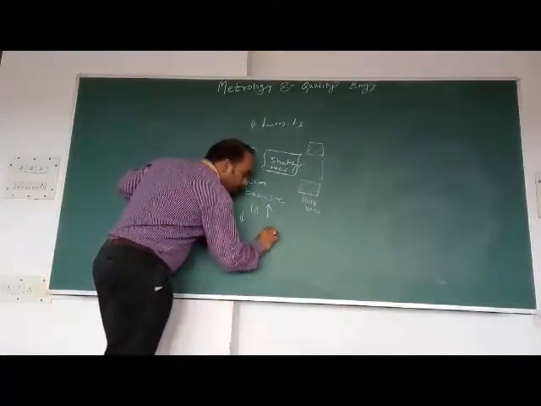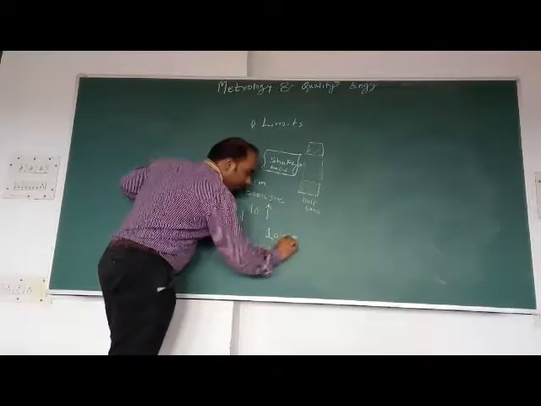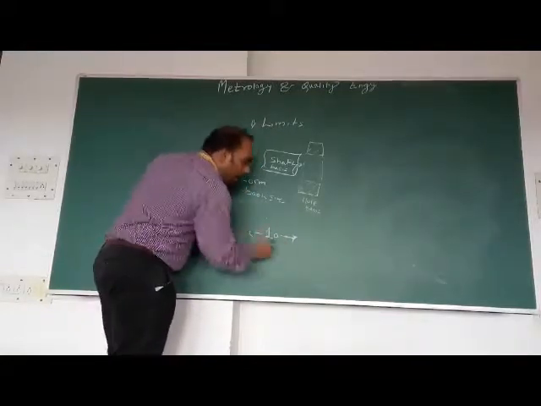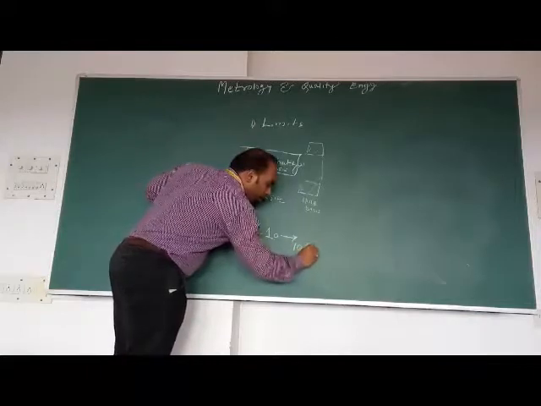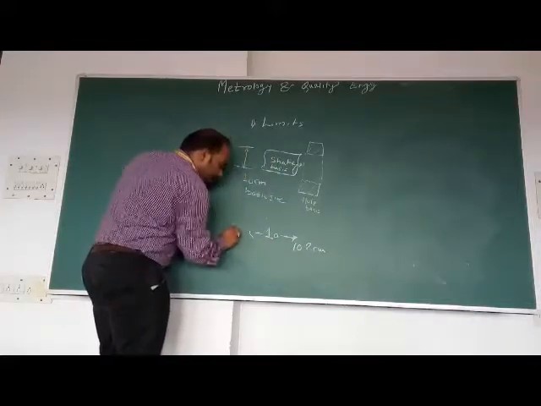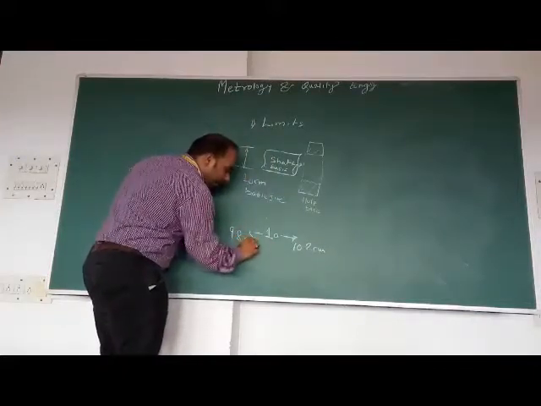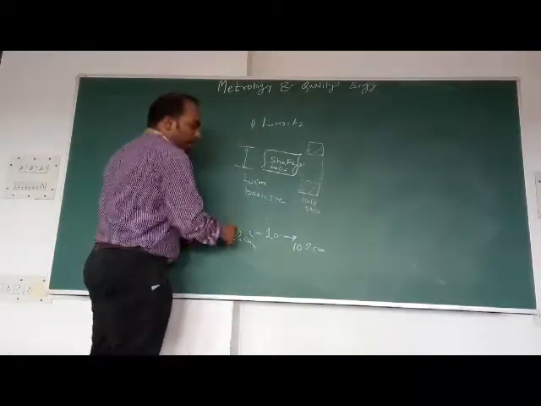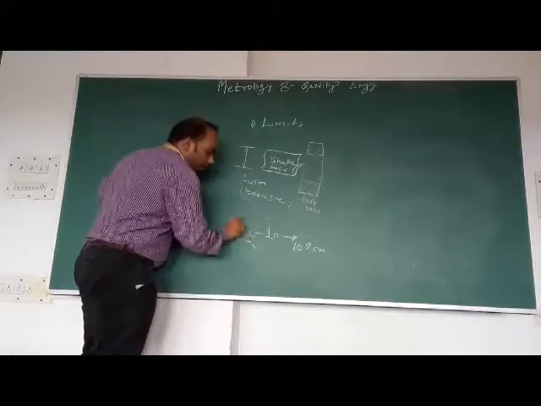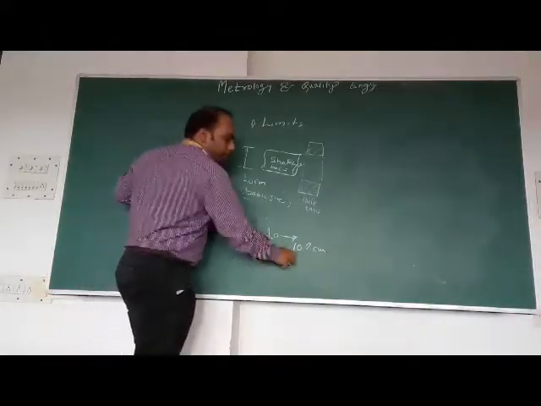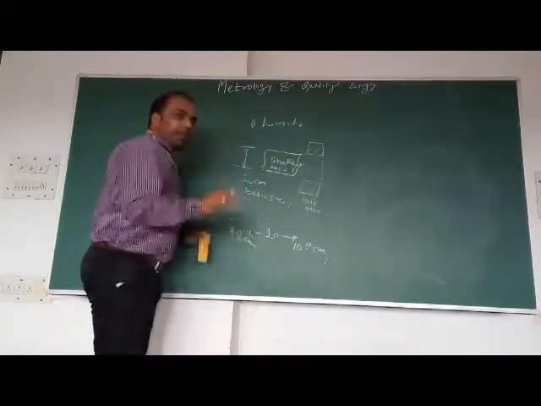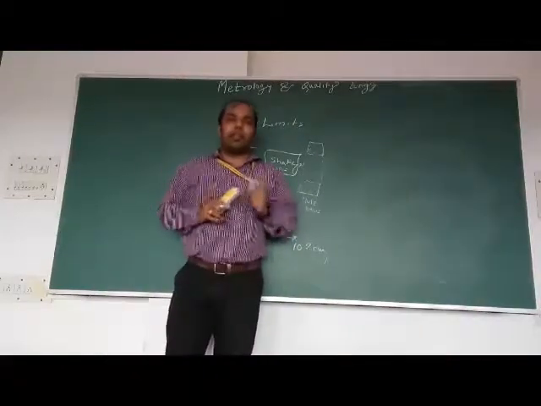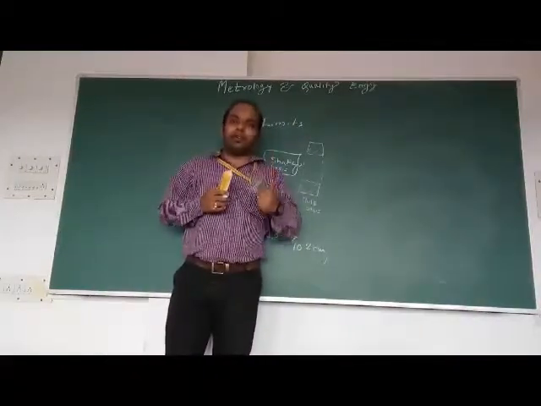For example, something between 10.2 centimeter and 9.8 centimeter. The components that are manufactured with sizes from 9.8 centimeter to 10.2 centimeter will be accepted. Here we have to understand two basic concepts: one is acceptance, one is rejection.